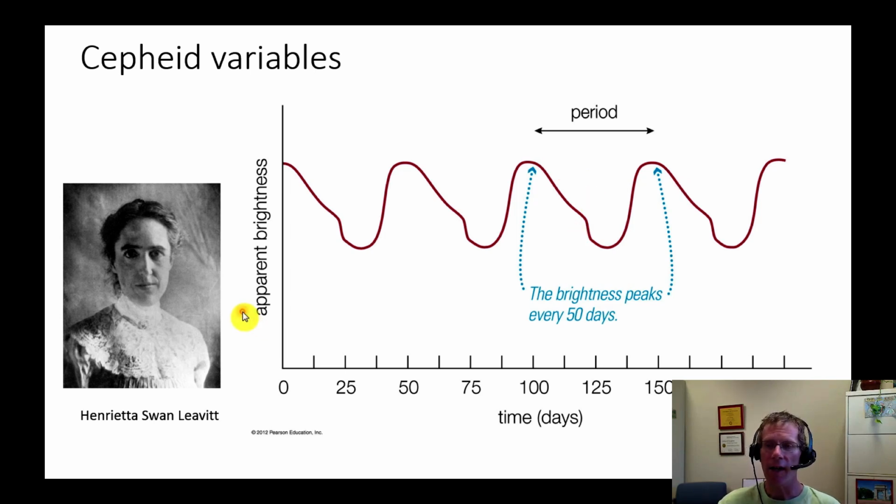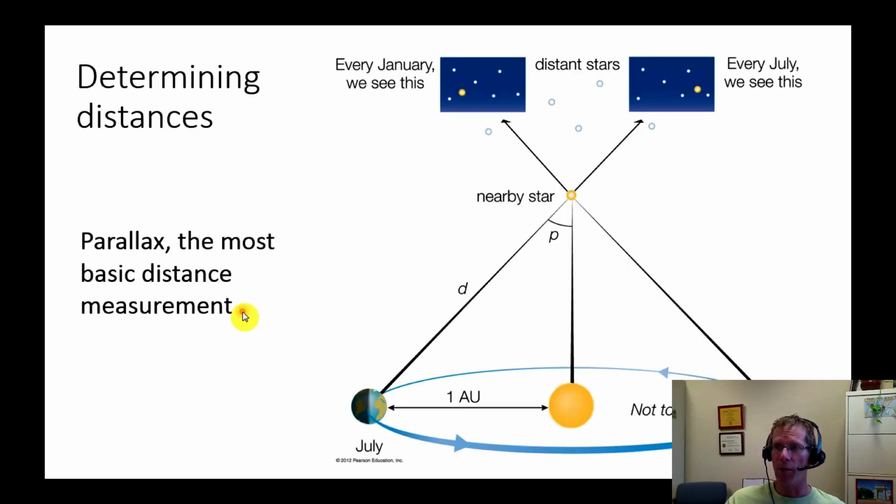In the early 1900s, Henrietta Swan Leavitt, one of the Harvard computers, one of the female astronomers at Harvard, noticed a relationship, looking at close-up Cepheid variables whose distances we could determine using other methods such as parallax.